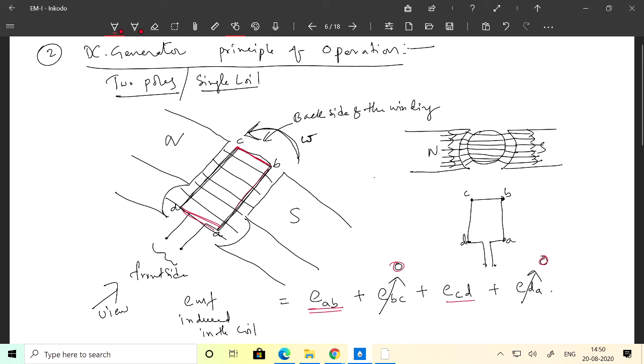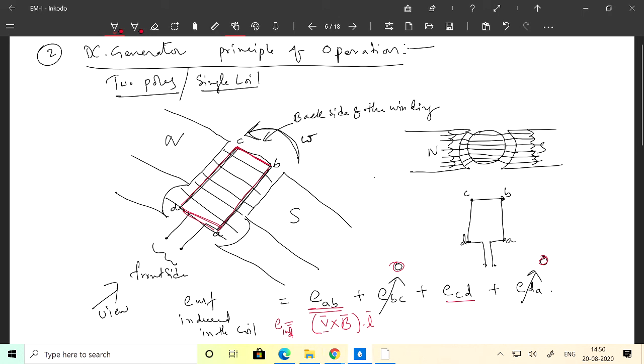This EMF is given by V cross B dot L. This EMF induced in each side is the vector V cross B dot L.